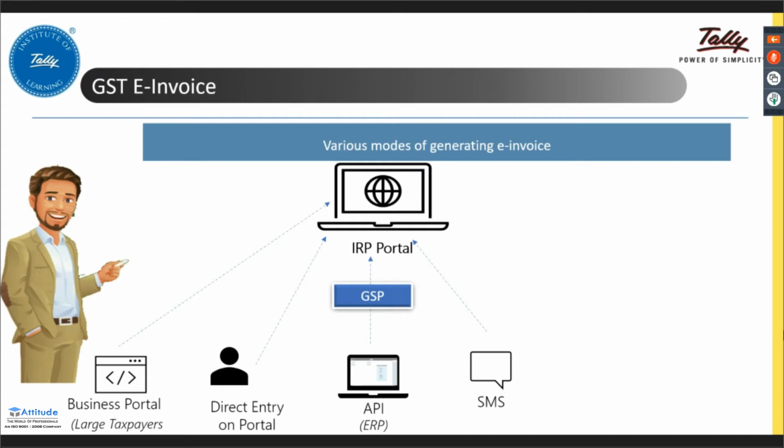If not, we can also send an SMS from the mobile number registered with GST, and generate the e-invoice. Or we can use the mobile app. Finally, we can use the offline tools, the Excel utility, through which we can generate the e-invoice. So these are the various methods of generating the e-invoice under the upcoming GST e-invoice feature.